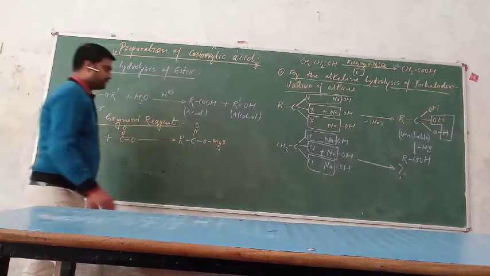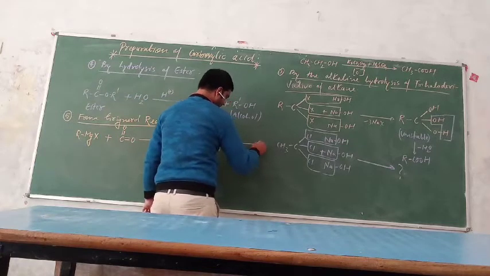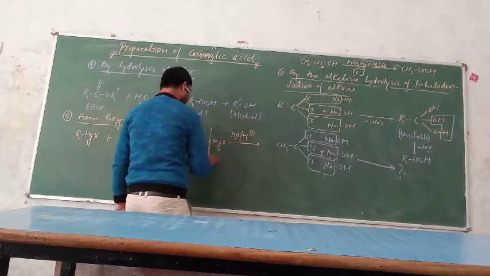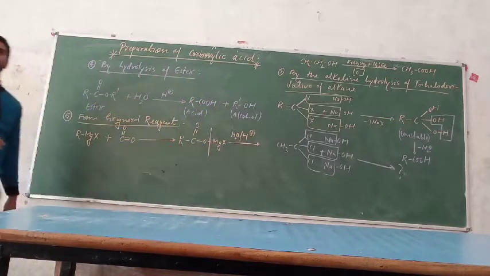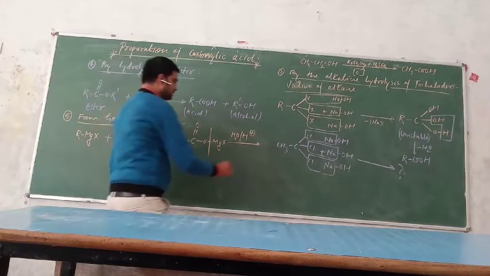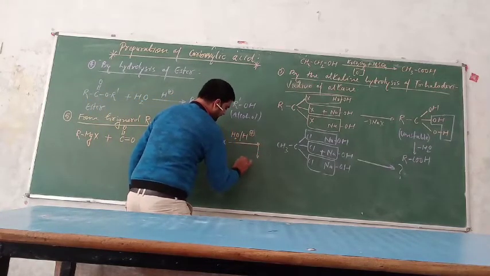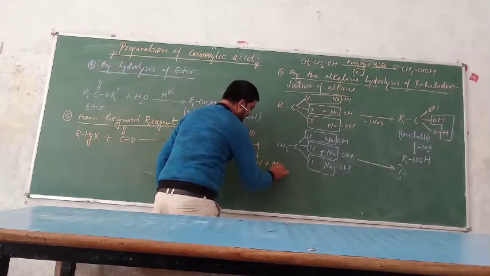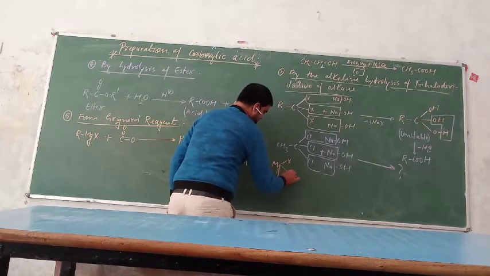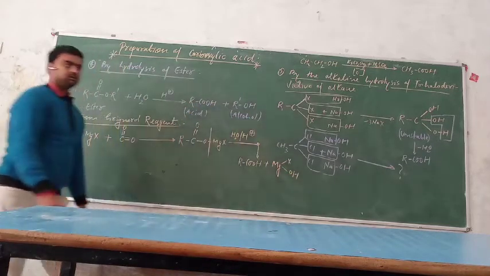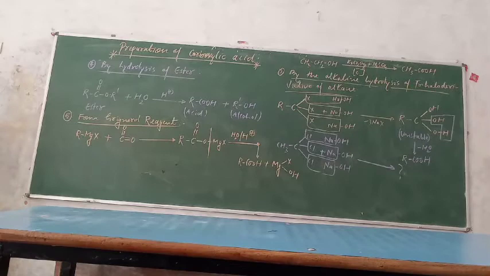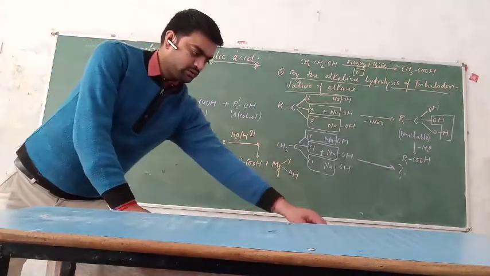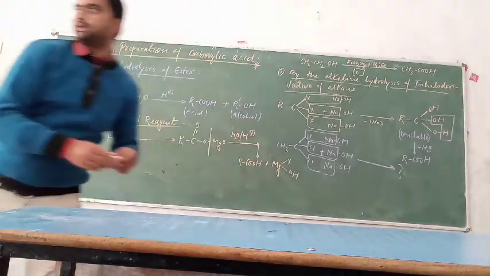And when we make the hydrolysis of this compound, then the bond will break from here, and we get the acid RCOOH plus the side product MgXOH. Clear? So this is the method for the preparation of the carboxylic acid from the Grignard reagent.